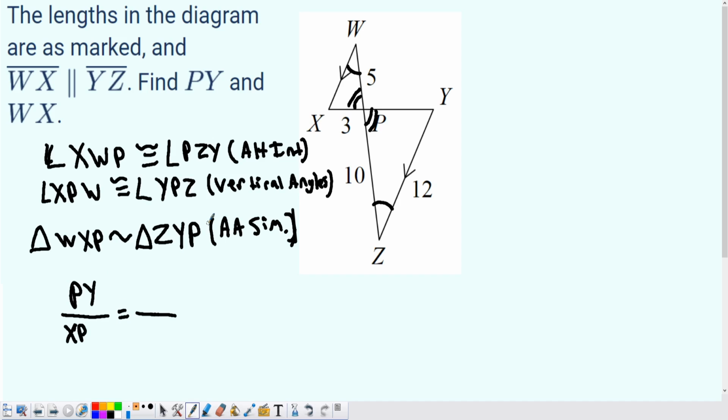If we started with the larger triangle, let's use it again. How about we use the largest number, YZ, the 12. And a 12 would, of course, match with, if we look at our other triangle, well, we notice the 12 is the parallel line. And it seems to match with the other parallel line, WX.